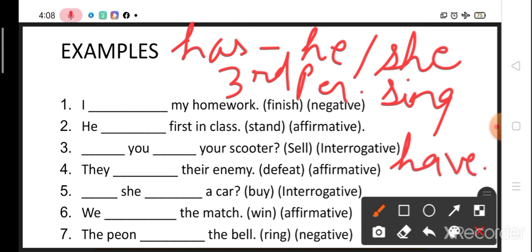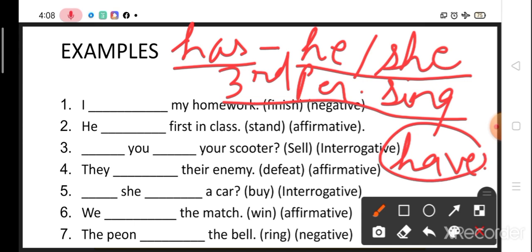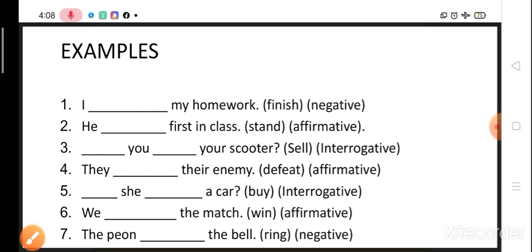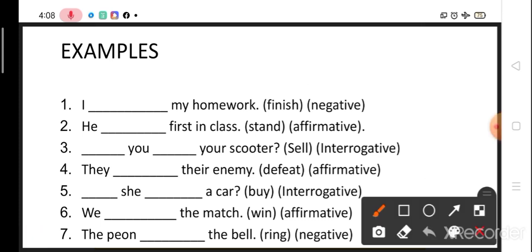Okay. Now remember this rule that has will be used with he and she, that is third person singular, and rest all the places we will use have. Let us see the examples. I will use have.